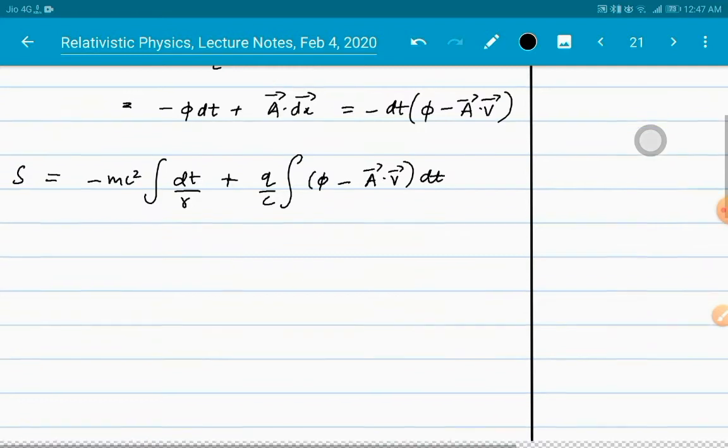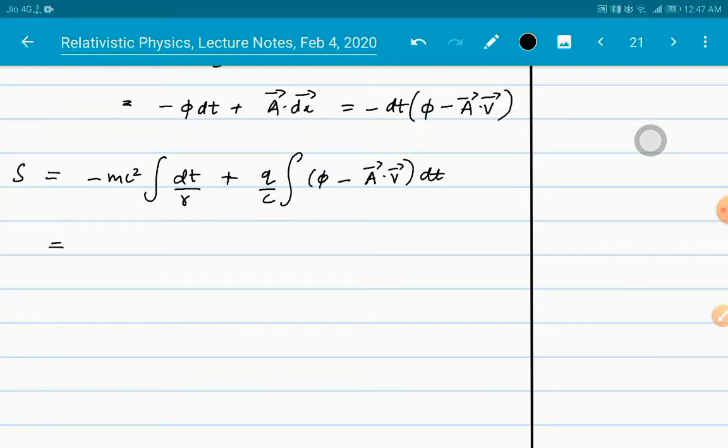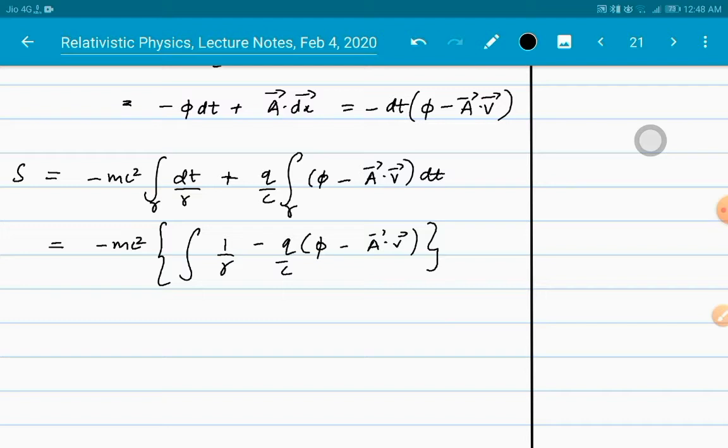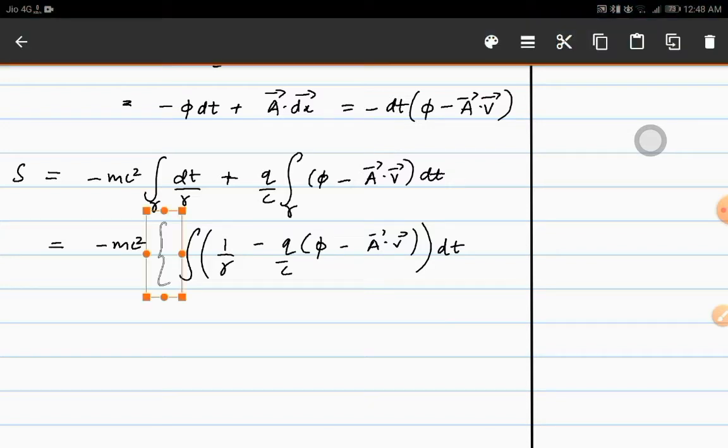So the benefit of doing this is the fact that both the terms now become integrals over dt. So we can collect all of these different terms in one expression, and we can write the full action as minus mc squared integral of 1 by gamma plus q by c phi minus a dot v, and this is integrated over the world line.